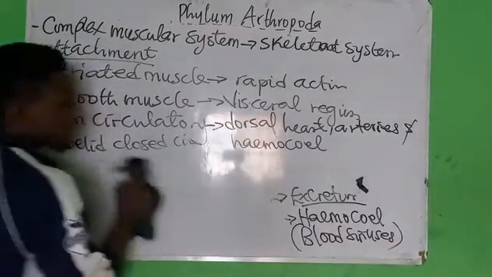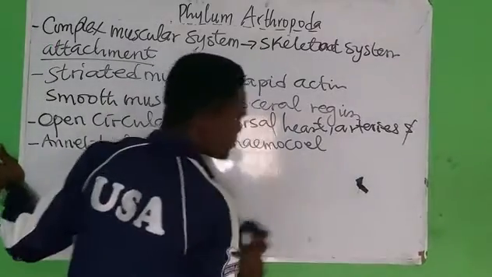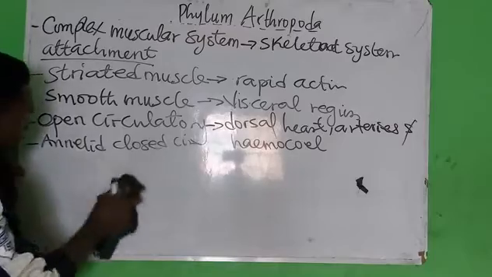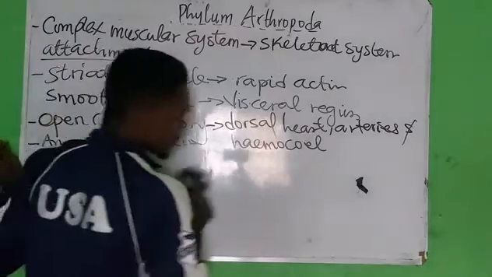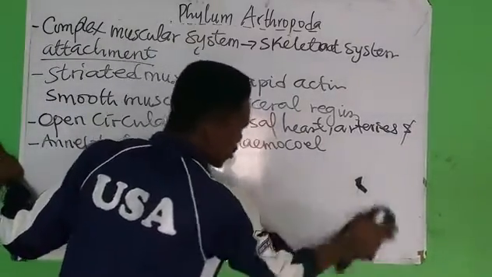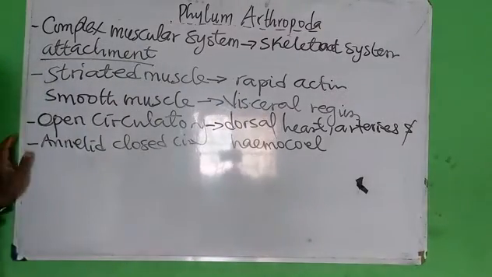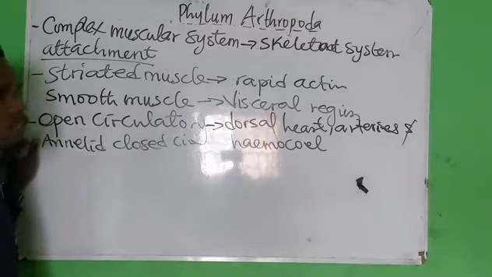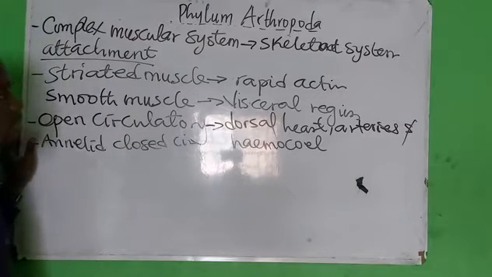Some organisms, they have antenna and maxillary gland. Maxillary gland and antenna are present in some organisms. Of course, you will agree with me that the arachnids do not have antenna. So have I given us what we have to note here?